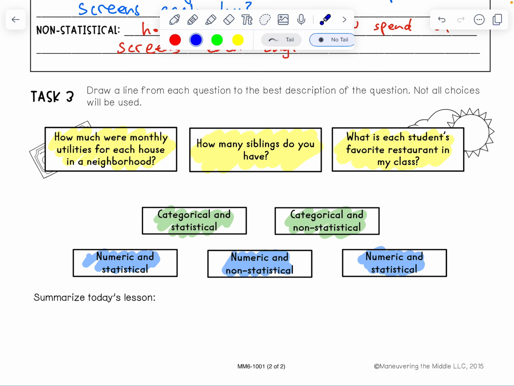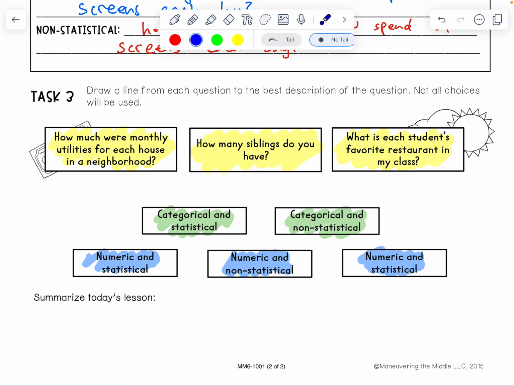My descriptions below could be numeric and statistical, categorical and statistical, numeric and non-statistical, categorical and non-statistical, or numeric and statistical.